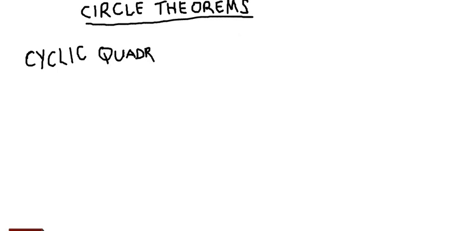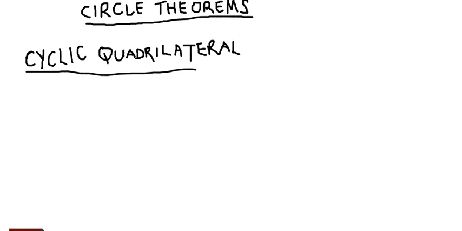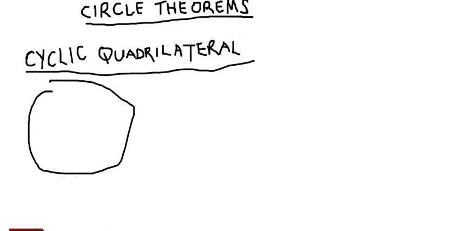A plane figure that has 4 sides will be called a quadrilateral. So what exactly is a cyclic quadrilateral? A cyclic quadrilateral is a quadrilateral that has all its 4 vertices on the circumference.